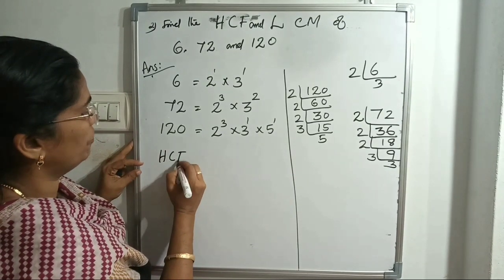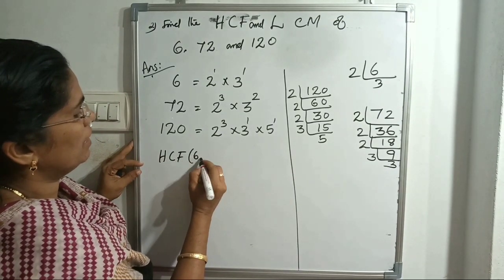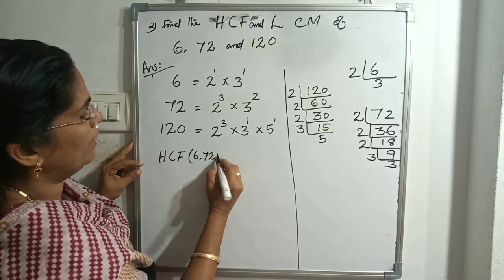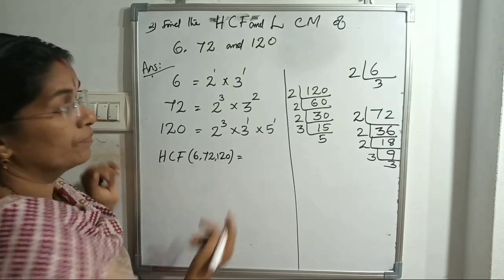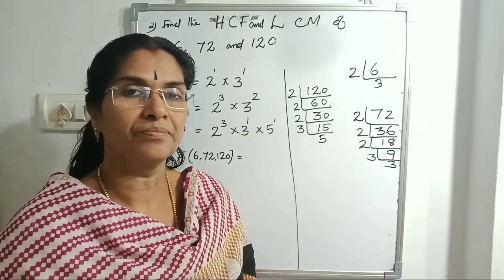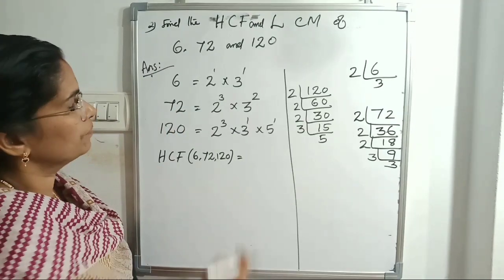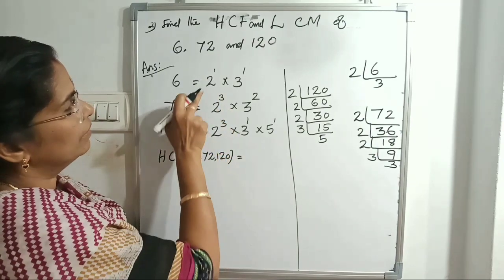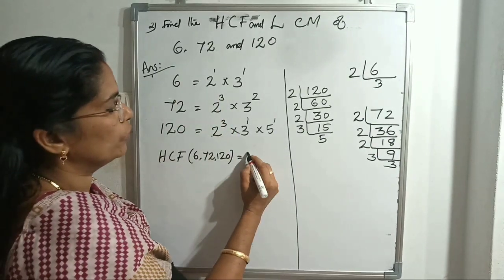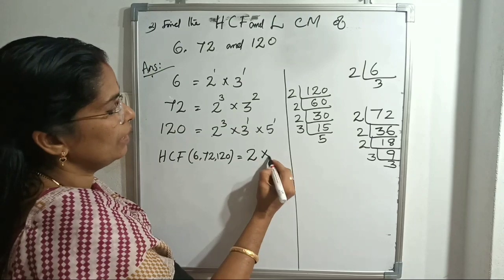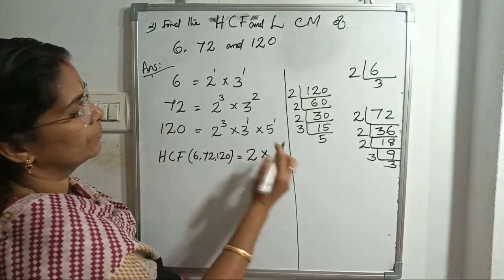So HCF of 6, 72, 120. What is the step? First you have to check which is the common factor. 2 is common: here 2, here 2, here 2. So 2 is a common factor. Another common factor is 3.